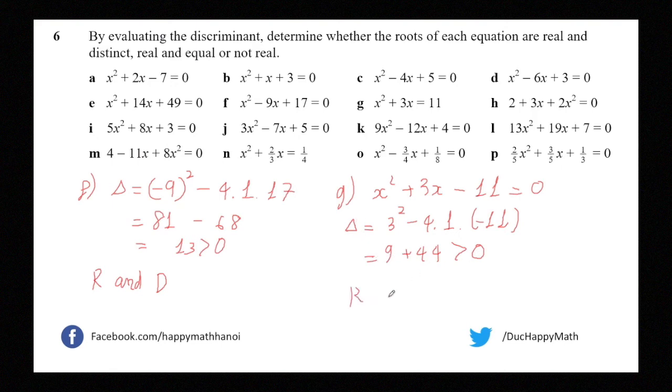So you will have real and distinct solutions. Okay, continue with the remaining questions. You have to take the exact formula for the delta and determine whether delta is positive, negative or equal to 0. So you have to make a conclusion about the solution of the quadratic equation. Okay, that's quite easy.